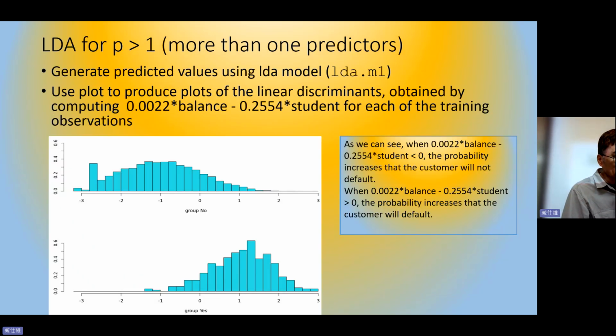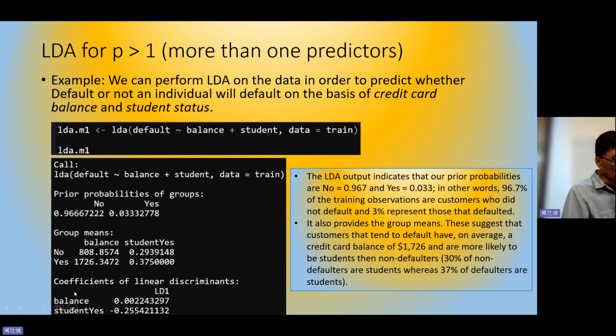And then how can we use the coefficients of the linear discriminant? Now you can see we have an estimated coefficient for balance of 0.0022, and the coefficient for student is negative 0.2554. How can we use this?